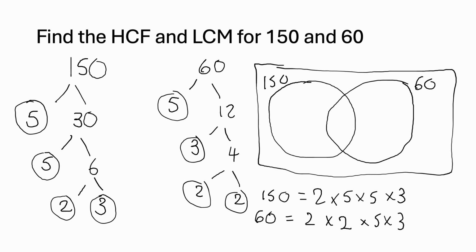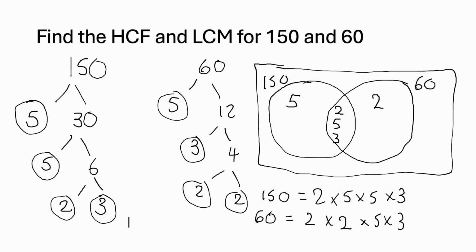What they have in common, they both have at least one 2, one 5 and one 3. What 150 has is an extra 5, so 5, 5, 2, 3. 60 has an extra 2.